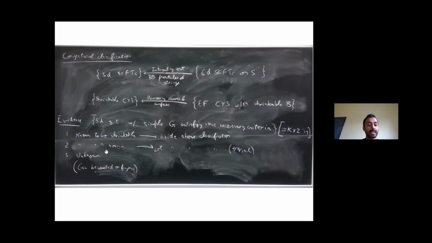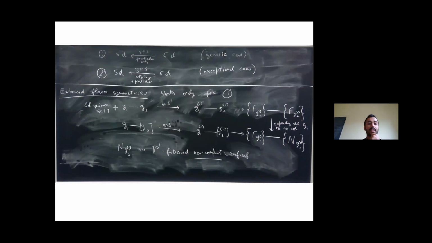The second set is the theories which are known to be non-shrinkable, so they do not satisfy all the necessary criteria, only some of them, and of course they do not lie inside the above classification, because it should only produce consistent 5D SCFTs. And then there is a handful of these theories, some 4 or 5 of them, for which the fate is not known. So it's consistent so far.